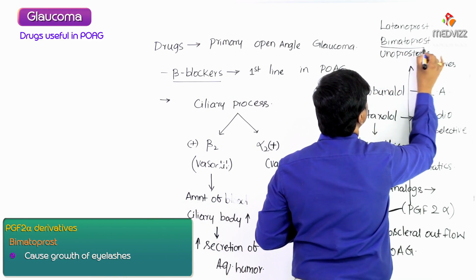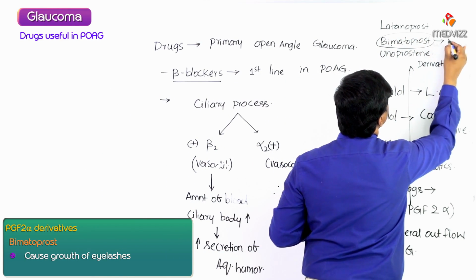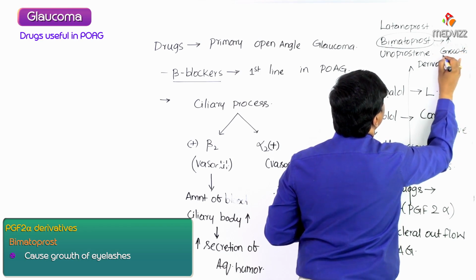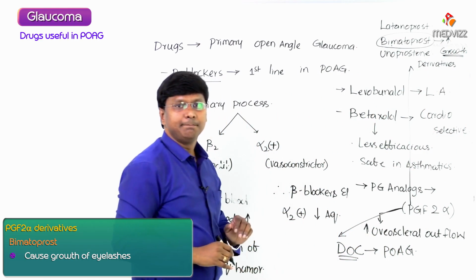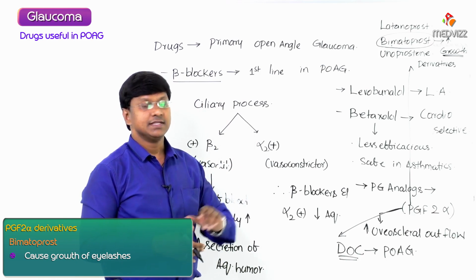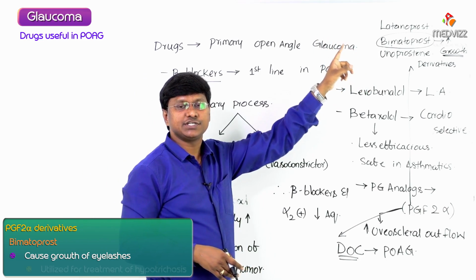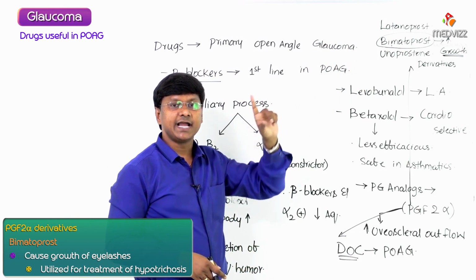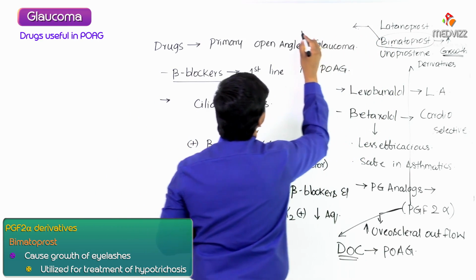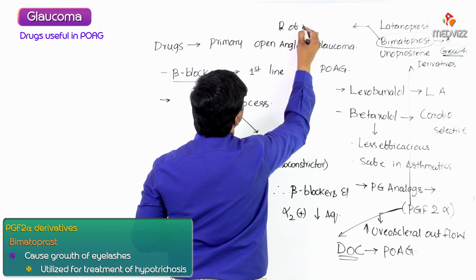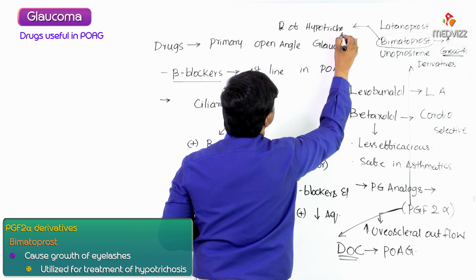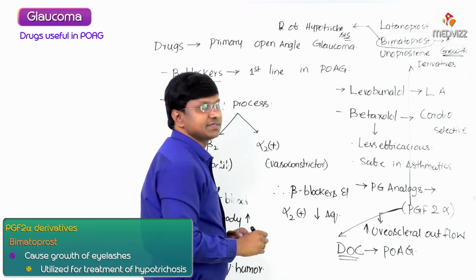Because it causes the growth of the eyelashes as an adverse effect, this adverse effect of the bimatoprost is utilized for the treatment of hypotrichosis, where the hair growth is minimal.